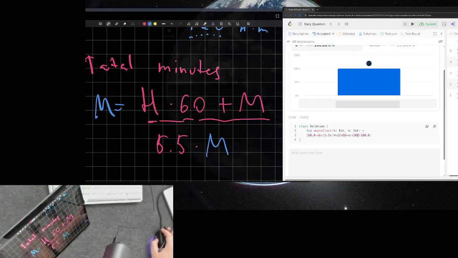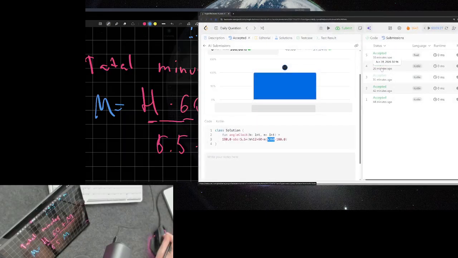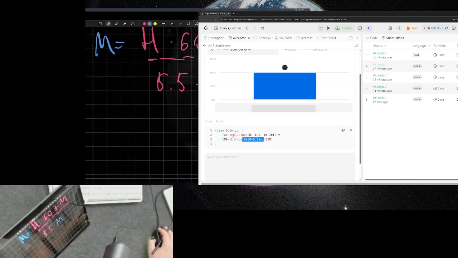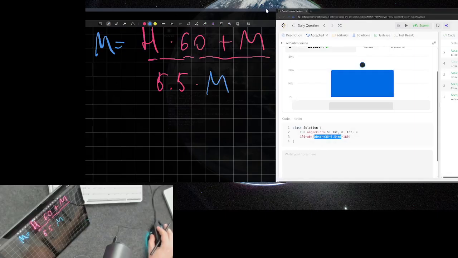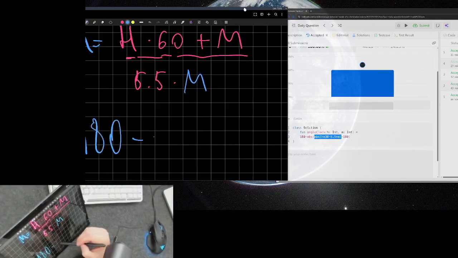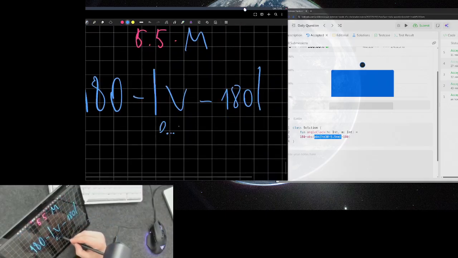And we are obviously doing this modular operation because we have some overflows, and if we simplify it a little bit, we're doing 180 minus abs of this value minus 180. So to define the min angle, we go 180 minus abs of v minus 180, and v goes from 0 to 360 degrees.